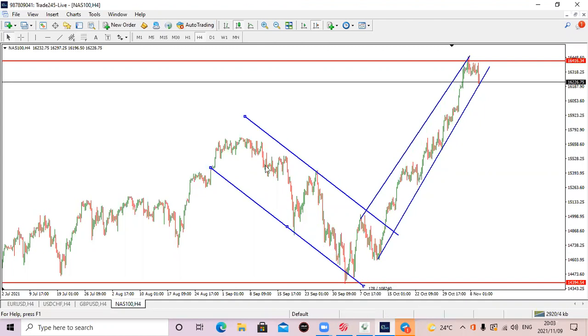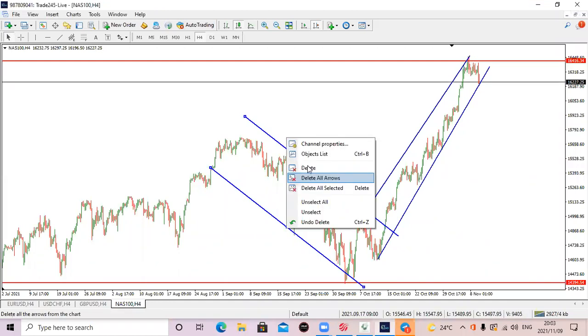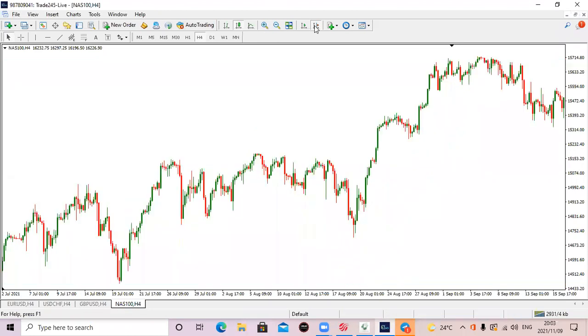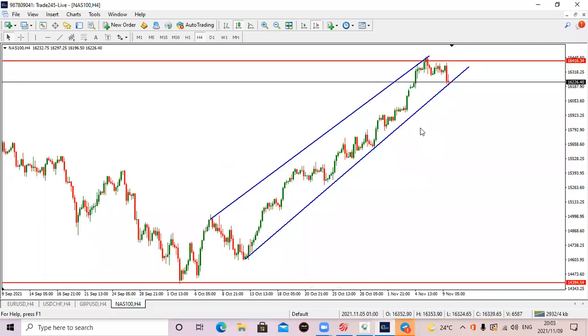That was when the market was going down, but now the market decided to go all the way up, right? Let's not concentrate on this one too much, I'm just showing you how to mark the structure. So the market was going up, right? And then after this, we go to the H1 chart.